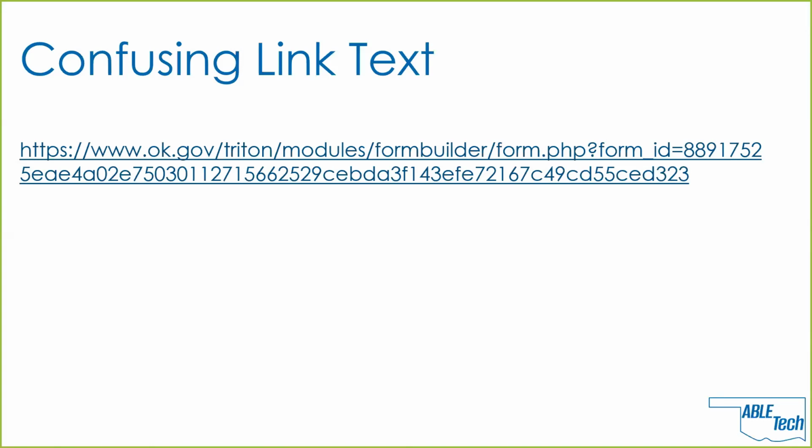This isn't descriptive at all. It's really hard to tell what happens when I follow this link. In fact, if I see this on its own, about the only thing I pick up is that it's a web-based form, and in this day and time, I'm going to be a little bit unsure of what it's going to ask me to do.